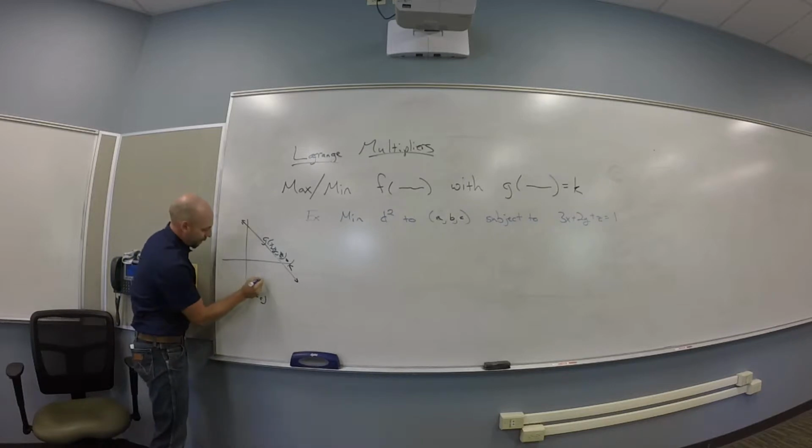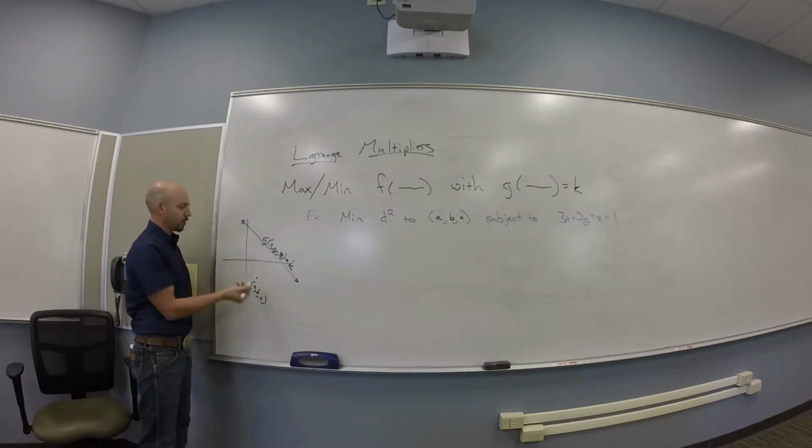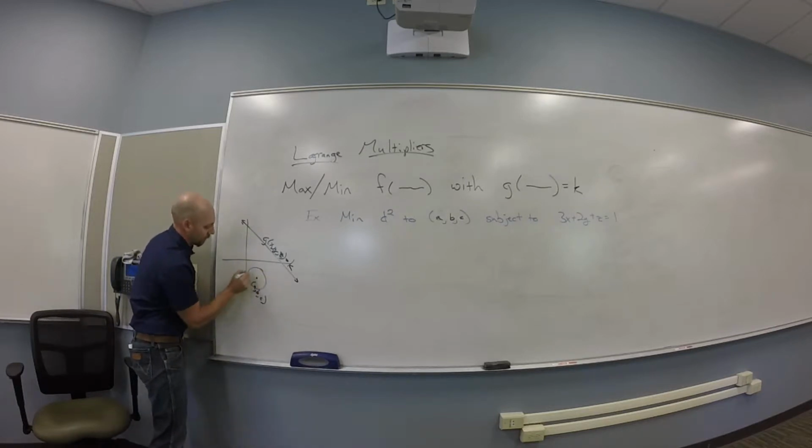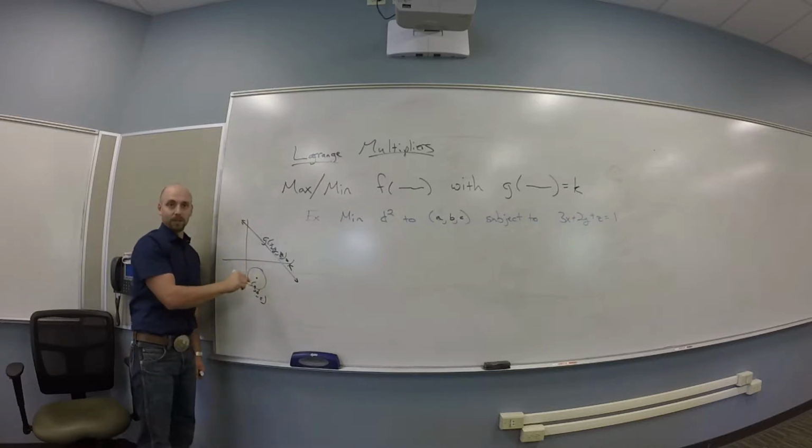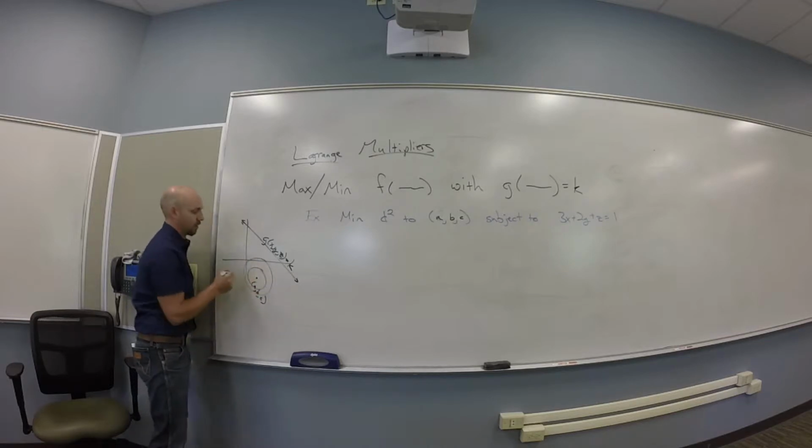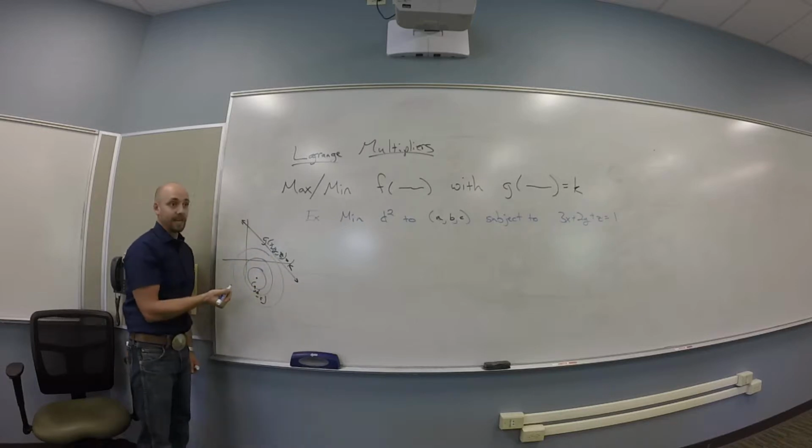And then I have, well, I'm trying to minimize square distance, right? So I've got like spheres around this. I'm just drawing circles, but really think spheres, right? And then I'm going to do that thing I described where we're just going to say, well, you just puff it up a little bit, and puff it up a little bit more until it hits, right?